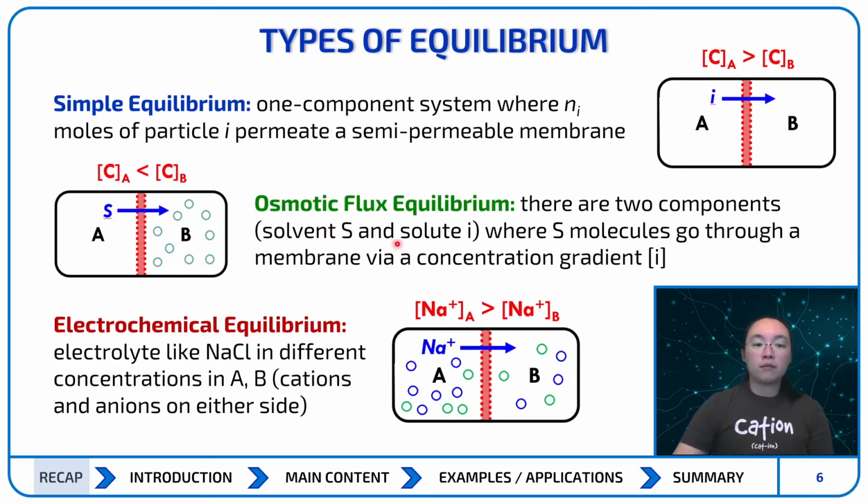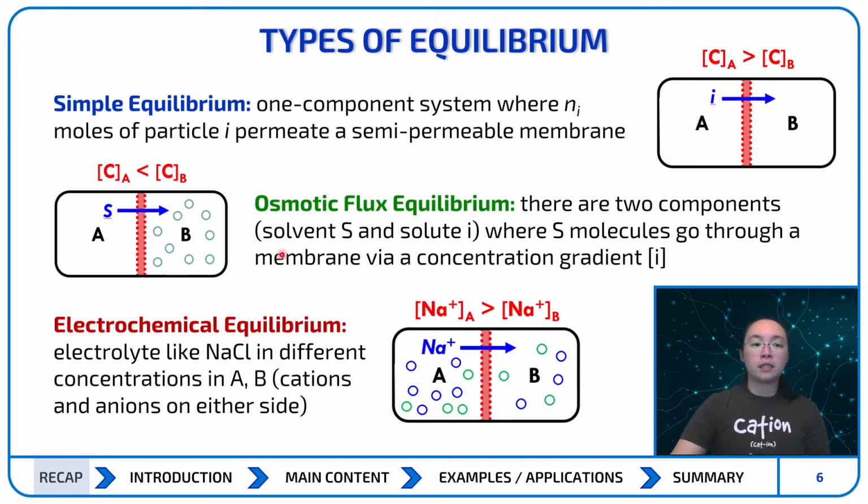In the osmotic flux equilibrium, we now have a bunch of ions or solutes in phase B. So there's a greater concentration of solute in B than A, and the solute is not able to go through the semi-permeable membrane.